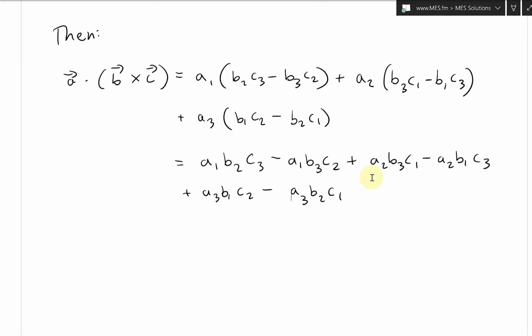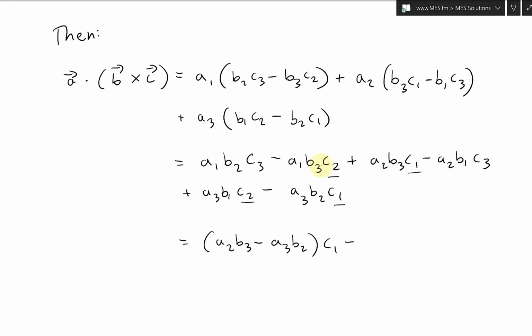And now what we're going to do is factor out all the similar ones, and we'll do the C1s first. This equals, factoring this out, and let's put that C on the other side, so we're going to have A2B3 minus A3B2, C1. And now the next one is going to be C2.